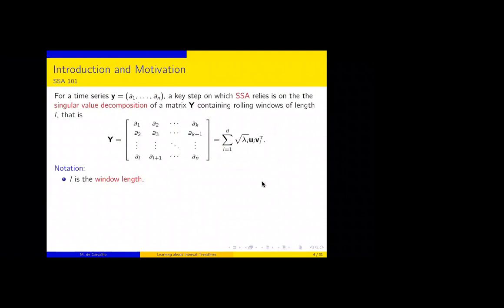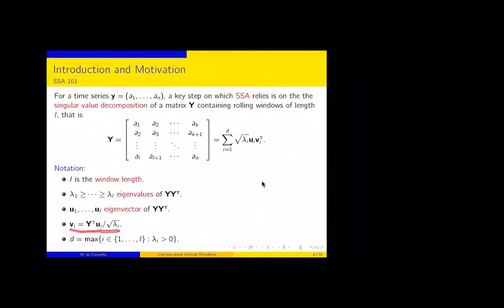Let me just introduce some terminology. L is the window length. It's, if you will, just a smoothing parameter. And you have here the eigenvalues of this matrix, which is given by the product between Y and Y transpose, as well as the corresponding eigenvectors, which are given by U1 to UL.